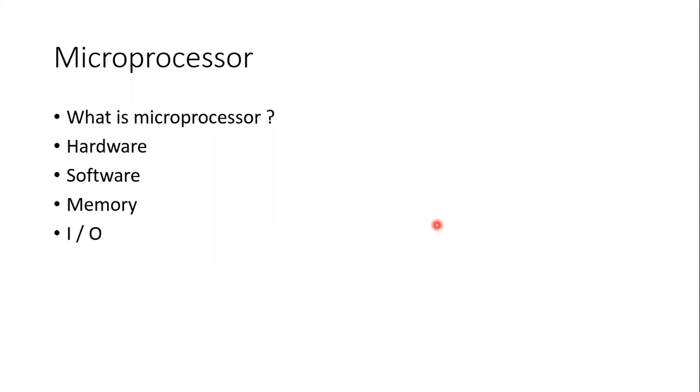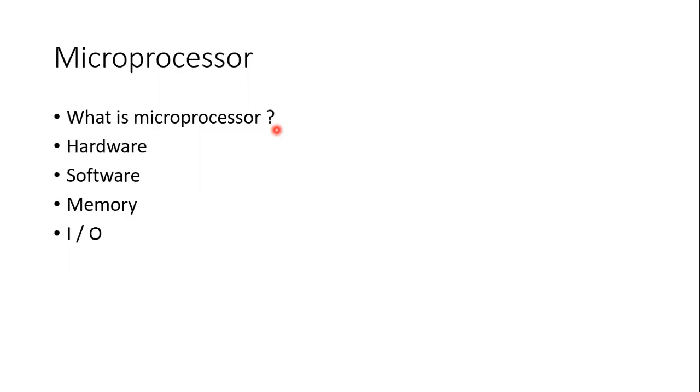So what is a microprocessor? A microprocessor is a multi-purpose, programmable, clock-driven, register-based electronic device that reads binary instructions from a storage device called memory.